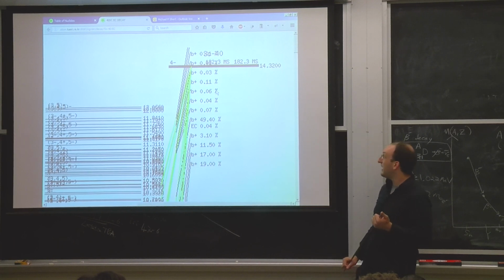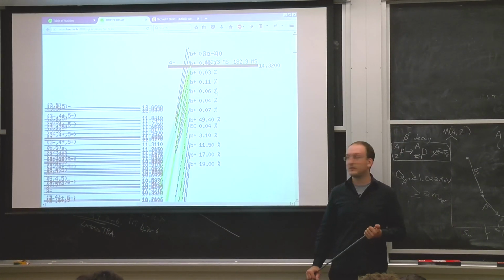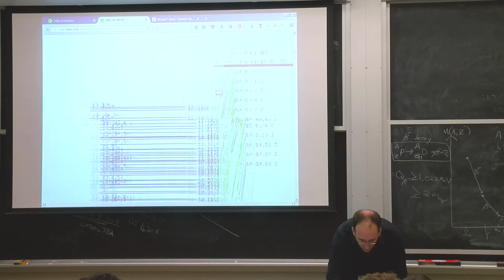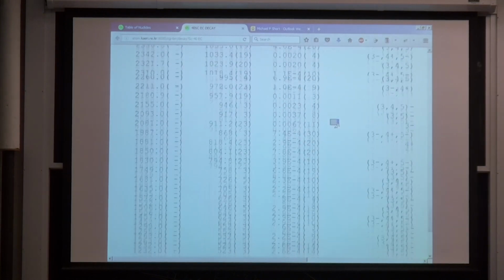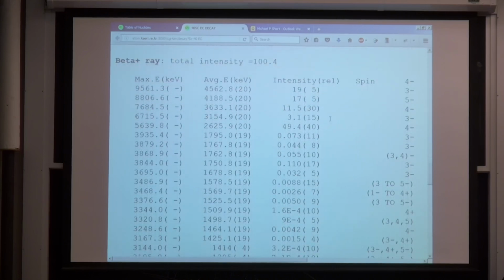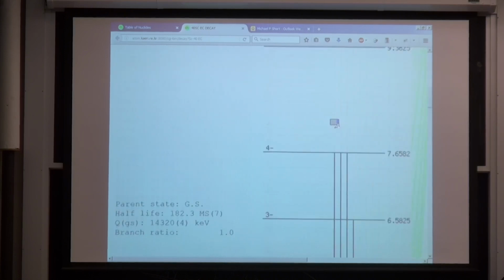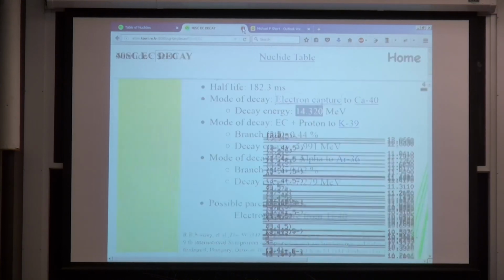So I don't know exactly how the algorithm works, but it does draw up to some number of possible decay chains. If you want to see every single one, they are tabulated in a very, very long list down below. I'm never going to ask you to do something with all of these, because that would be insane, unless it's a relatively simple decay, like one that has two or three possibilities.